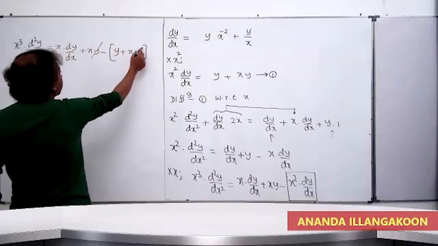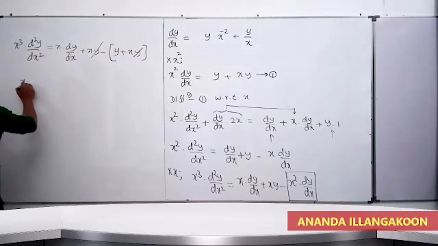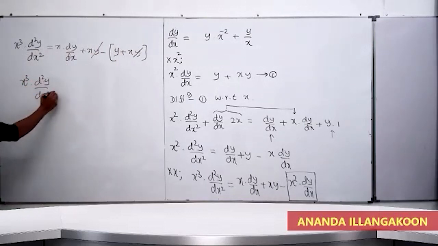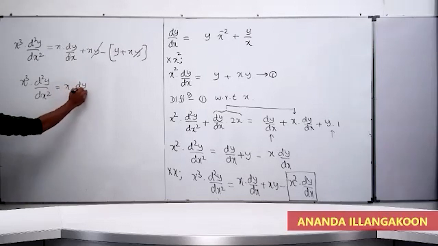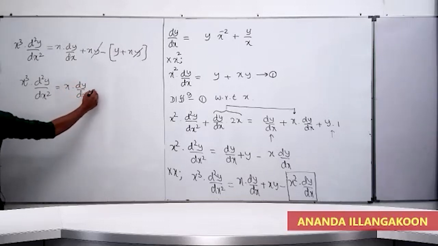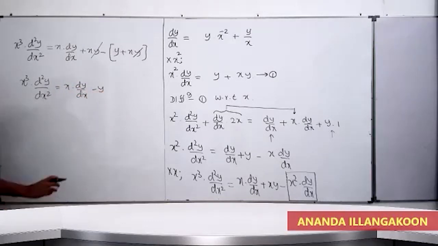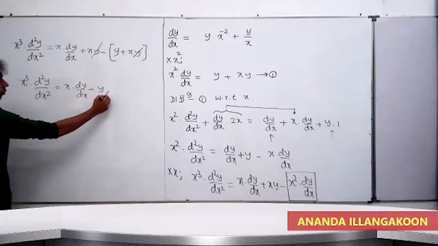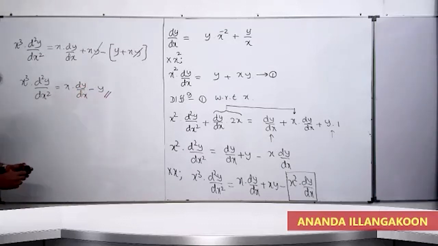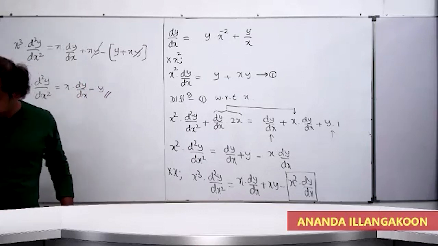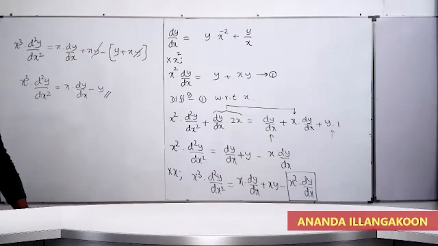This xy and this you can cancel down. Then only we get this answer. Minus y, right? Yeah. That's okay.